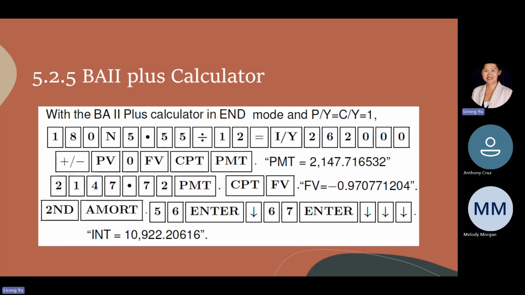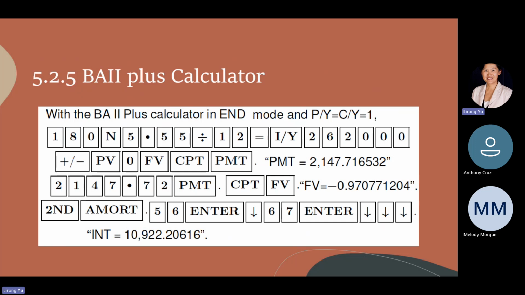We can find out the value from time 56 to time 67. So here you can start with those notations, meaning 56 is the initial time, and then you press enter, which scrolls down. So 56, enter the number into the calculator. The down arrow moves on to the ending time.